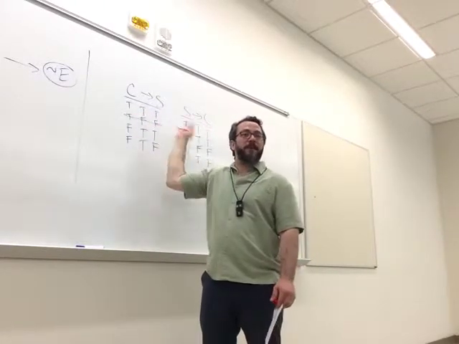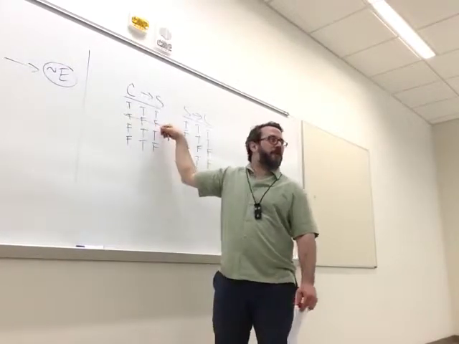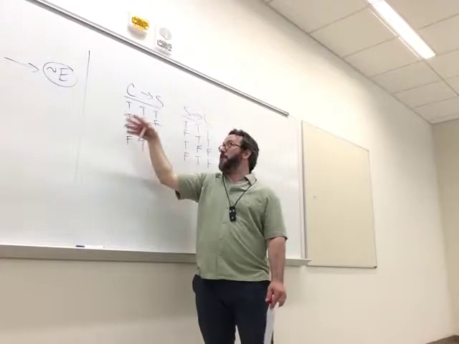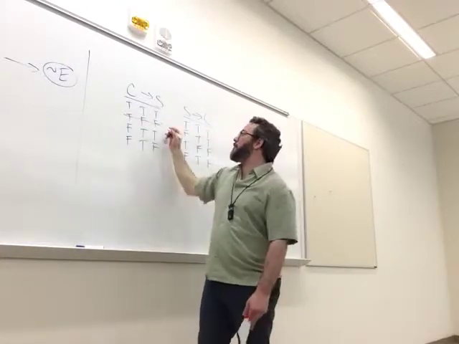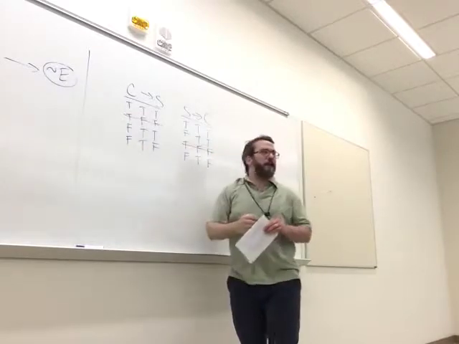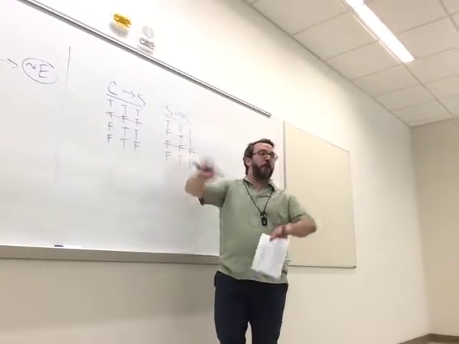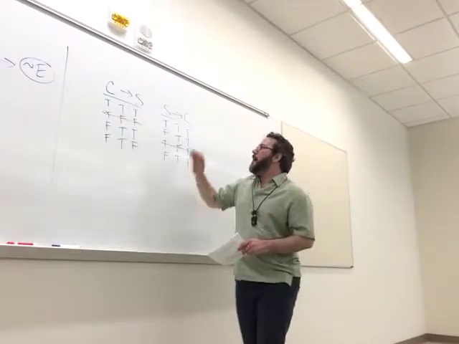If C is true and S is false, then the whole statement is false. But we're trying out a premise that we're going to assume is true in order to tell if the argument's valid. So all of my false statements, let's just cross those out. Those are ones that we can't put forward as premises because we know they're not going to be true.